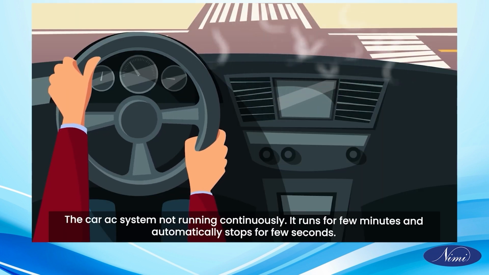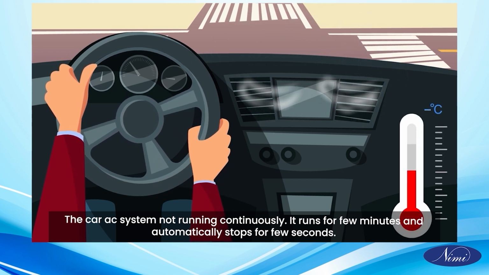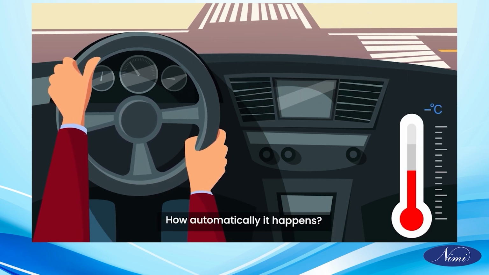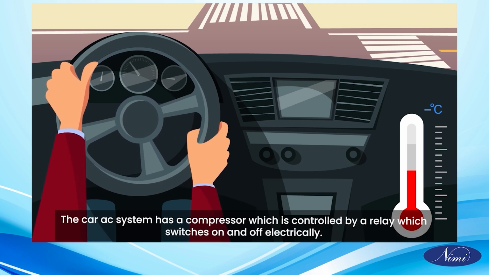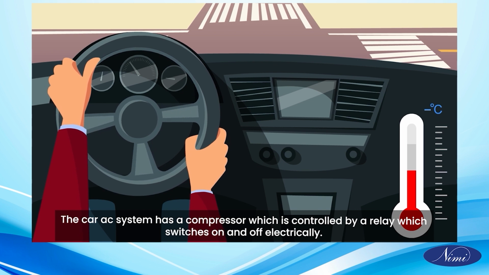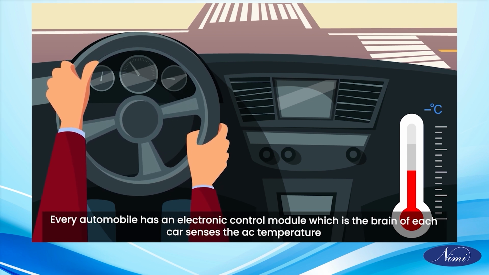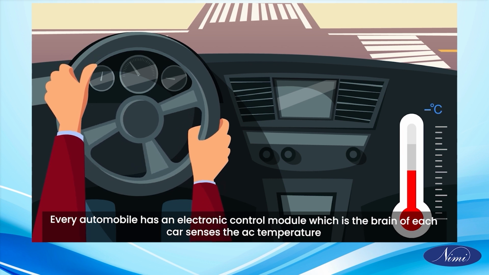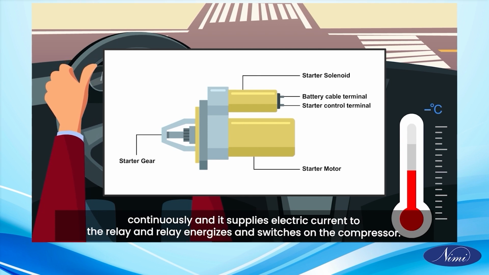The car AC system not running continuously. It runs for few minutes and automatically stops for few seconds. How automatically it happens? The car AC system has a compressor which is controlled by a relay which switches on and off electrically. Every automobile has an electronic control module, which is the brain of each car, senses the AC temperature continuously and it supplies electric current to the relay and relay energizes and switches on the compressor.